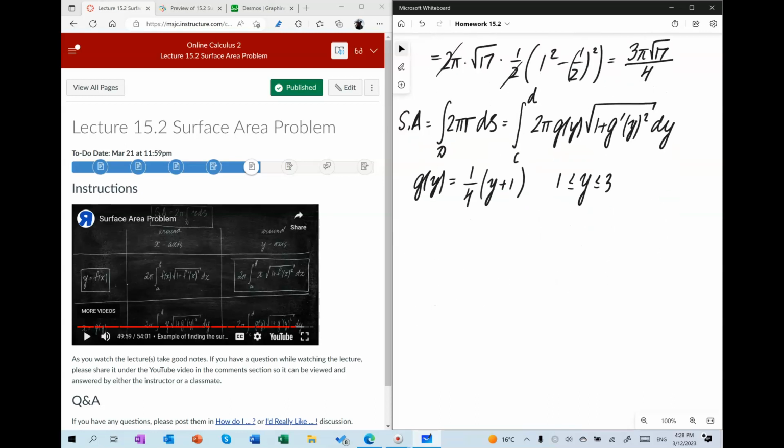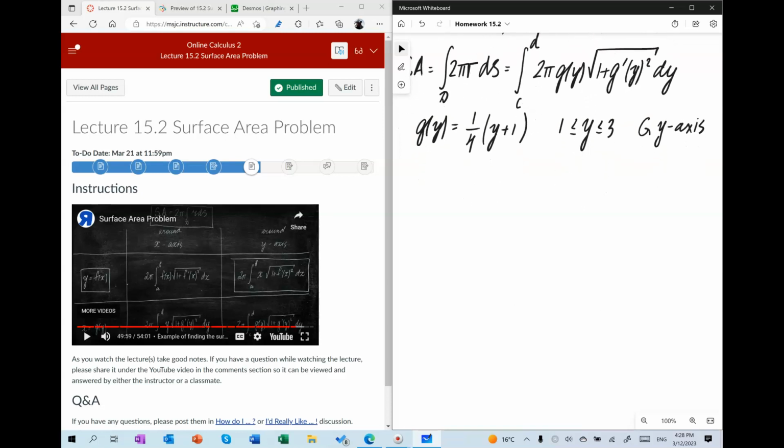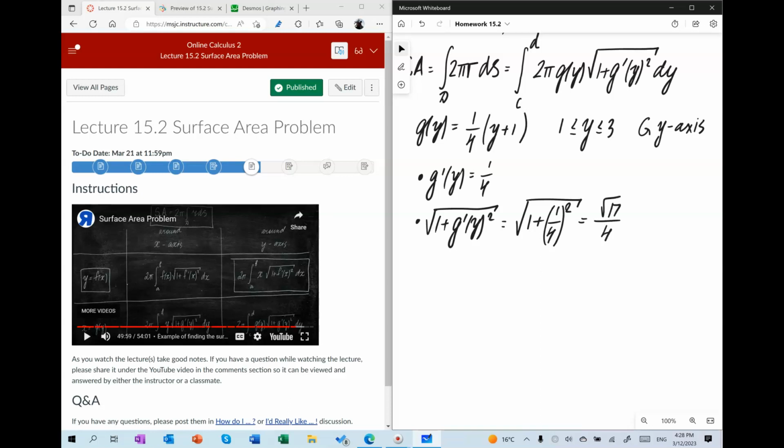And now if we're rotating this piece around the y-axis, then this is the way to go. So let's just set it up real quick. g prime of y would have been 1/4. Square root of 1 plus g prime of y squared would have been square root of 1 plus 1/4 squared, which is square root of 17 over 4.